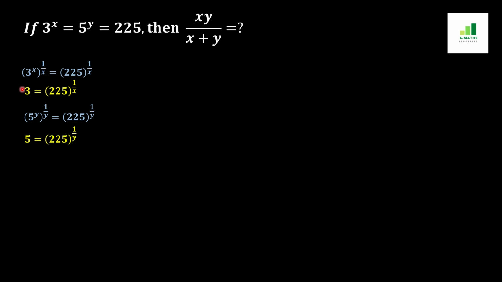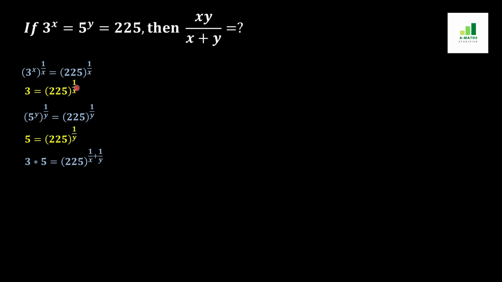The left side will multiply with this left value and the right side will multiply with this right value, and we will get 3 into 5 on the left. But as we know from the basic rule of algebra, if the bases are the same then the powers will add together.